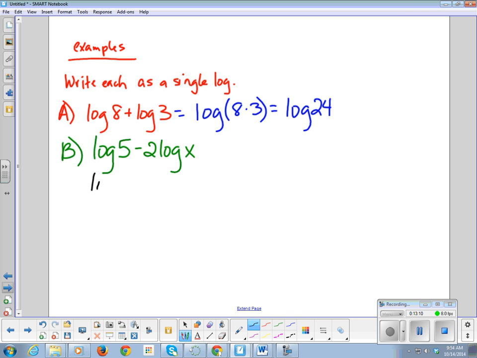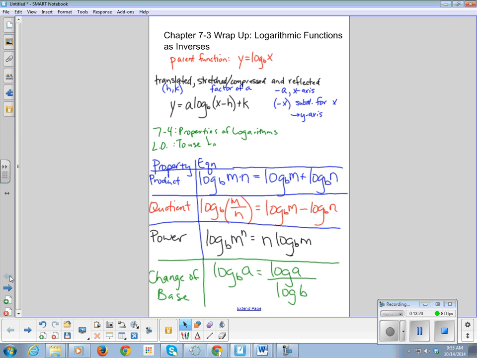So this is log 5 minus log x squared, because the product property says that if I have an exponent on the inside of your log, you can rewrite it as multiplying on the outside, but vice versa is true.